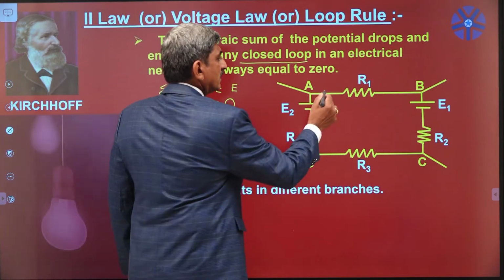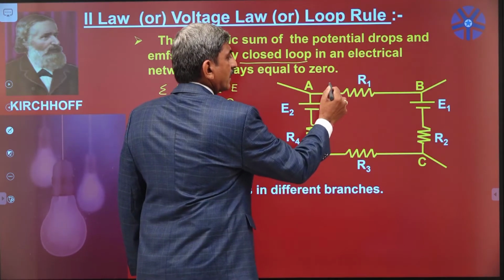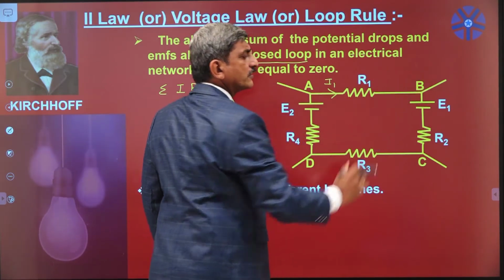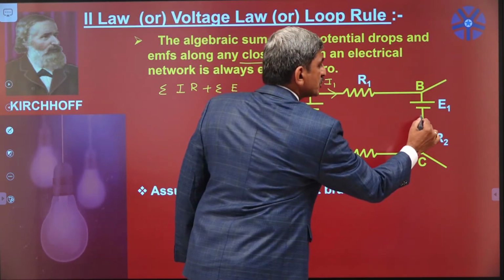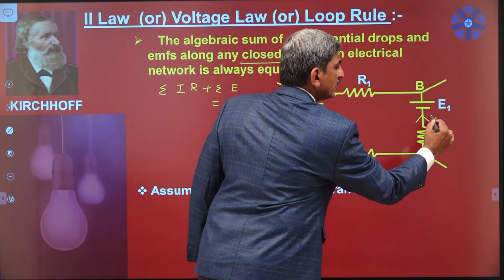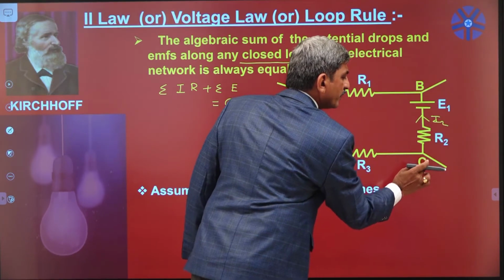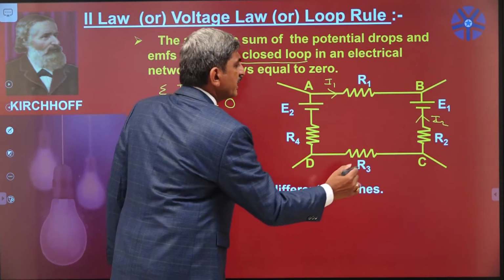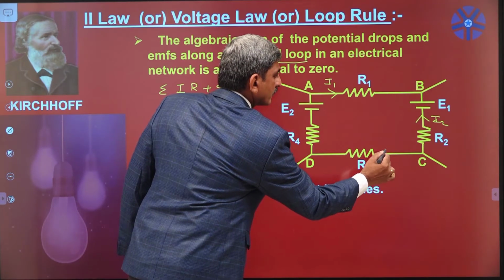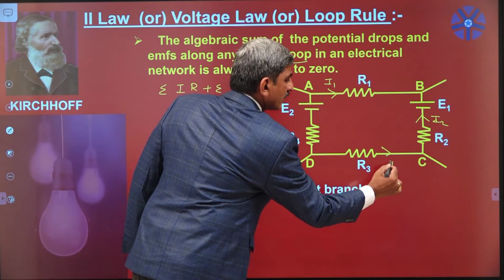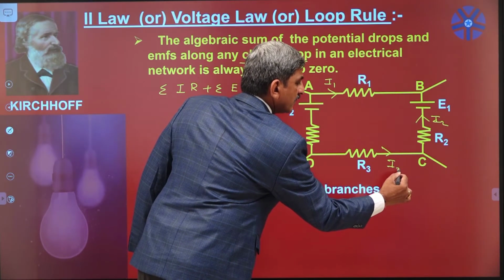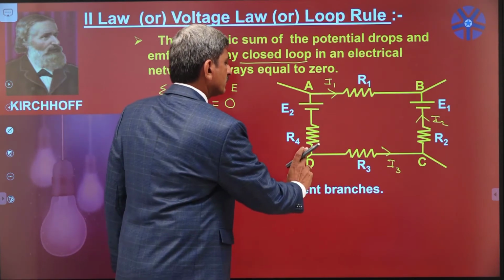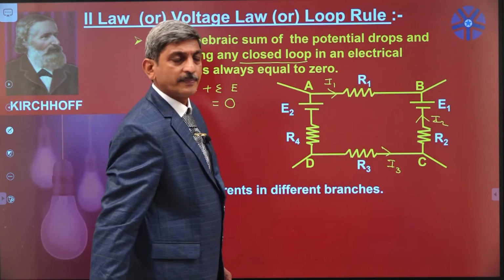Suppose I assume current I1 which is flowing from left to right. I assume current I2 which is flowing from bottom to top. I assume the current I3 which is flowing again from left to right.